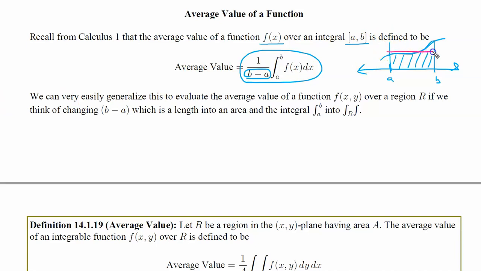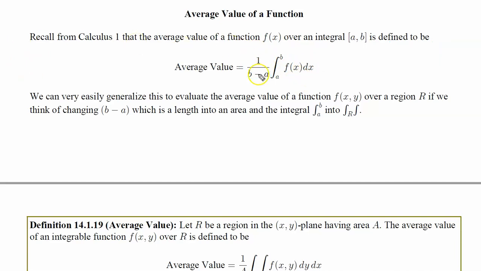So it would look like this, right? And this height would be your average value. That's what this quantity would evaluate to. Okay, so that's the average value for a function of a single independent variable.